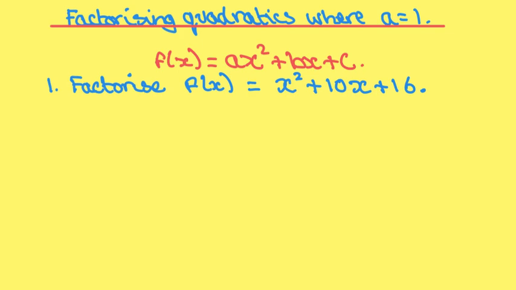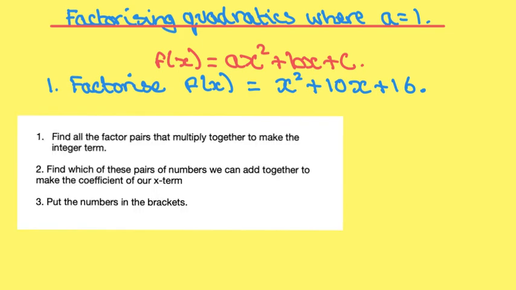So the 3 steps are: 1. Find all the factor pairs that multiply together to make the integer term. Well, the integer term is 16, so we want all the factors that make 16. So the factor pairs are 1 and 16, 2 and 8, 4 and 4.